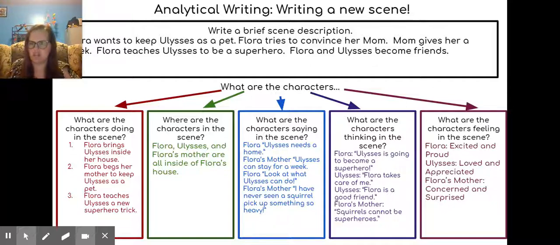She has a super squirrel. And Ulysses feels loved and appreciated because Flora saved his life. And then she taught him how to be a superhero. And I said that Flora's mother is concerned. She thinks the squirrel Ulysses will destroy her house. But then she's surprised when he has superhero strength.